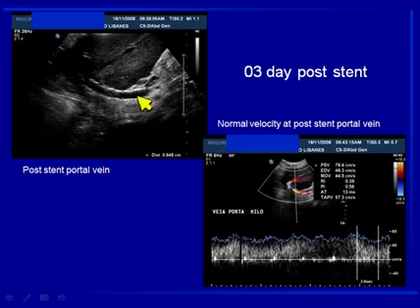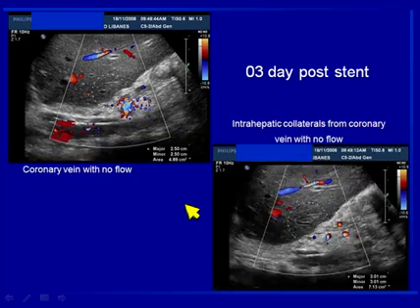There are no stenoses now. Normal velocity at the post-stent portal vein. The collaterals identified have no flow now in this post-stent patient.